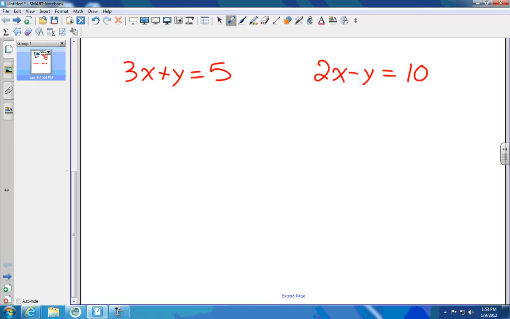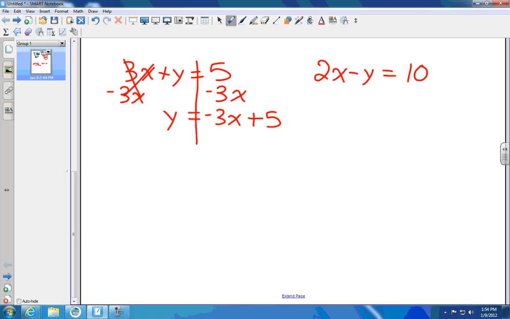So if we again pick this first equation, what would we do to get y by itself? Subtract 3x. What's that leave on the left side? We got y equals, and again, you need to know how to rewrite that. You can't actually do 5 minus 3x. Your 3x is negative, and your 5 is positive.